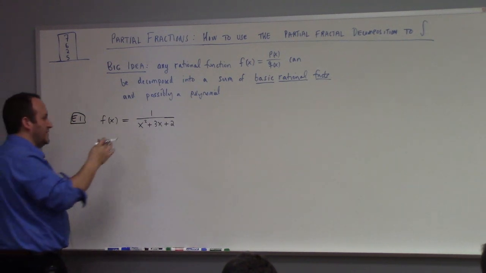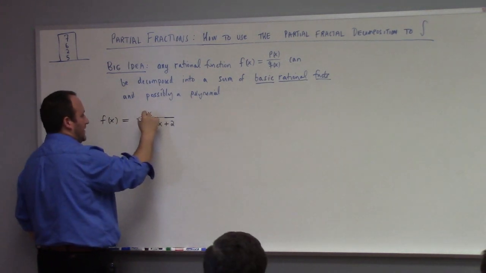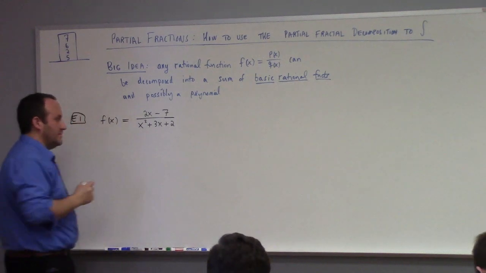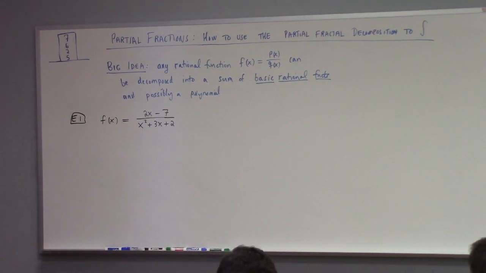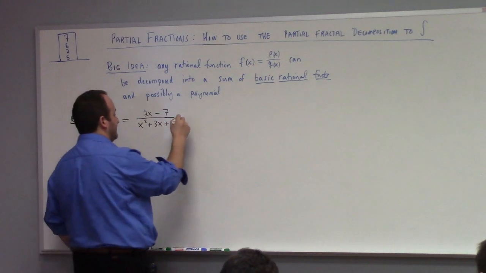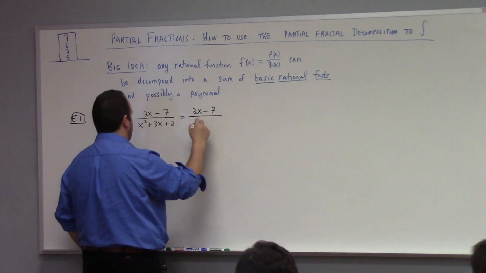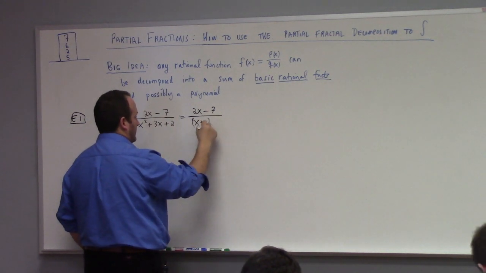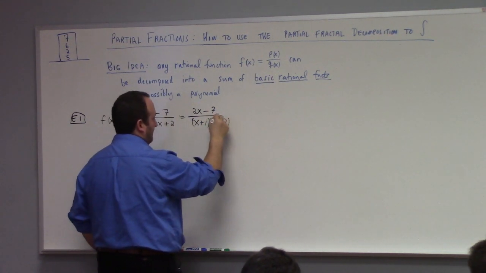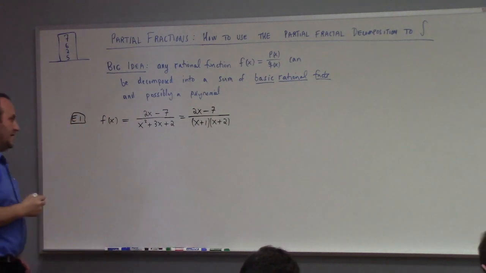And well, I'll make it a little bit more interesting. Let's suppose the numerator is 2x minus 7, right? So what we do here is we go, well, that is 2x minus 7 over x plus 1 times x plus 2, right? The denominator here factors.